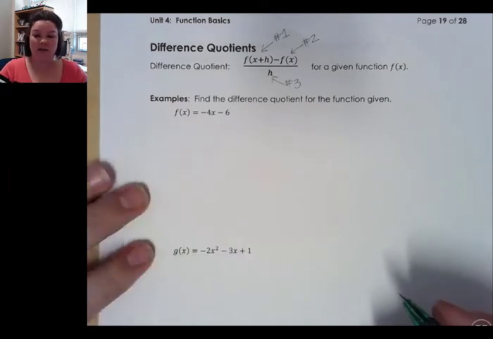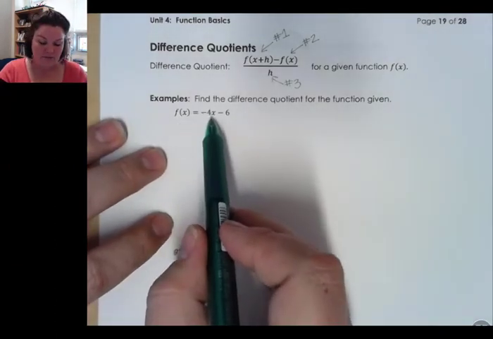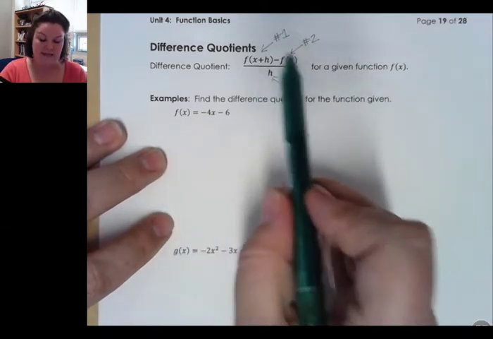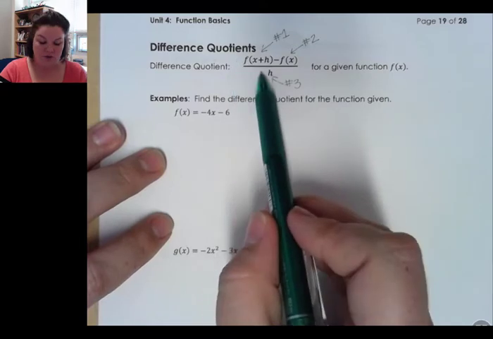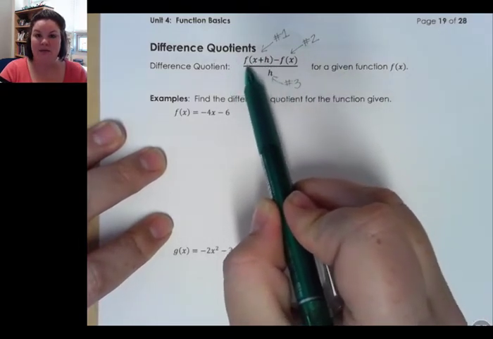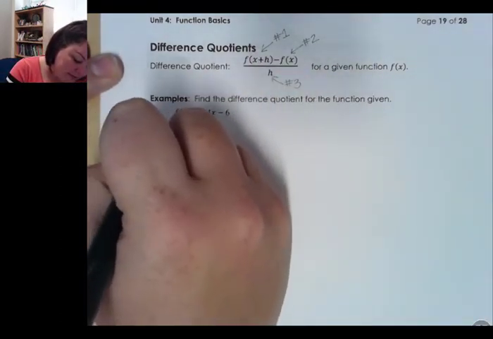So let me show you what that looks like. Here they're giving us the function f of x equals negative 4x plus 6, and we want to calculate this difference quotient. The first thing I need to know is this piece. What is f of x plus h? So I'm going to write f of x plus h.